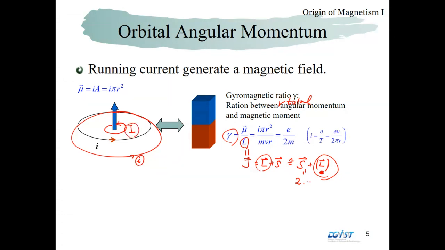Yeah, if we measure the magnetic moment from this behavior, we can only distinguish this value. So if you keep this relation, those two are not distinguishable. We cannot distinguish them. But it's a very good question, yeah.